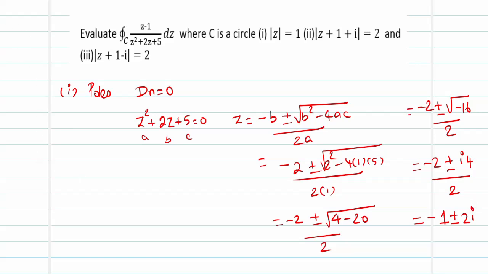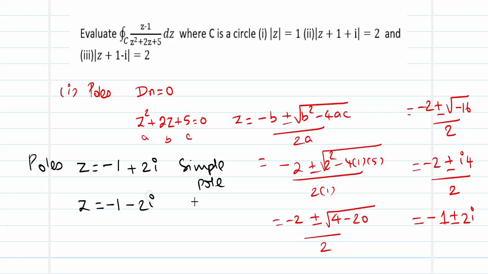Hence, my poles are z equal to minus 1 plus 2i, which is a simple pole, and the next one is z equal to minus 1 minus 2i, which is again a simple pole.